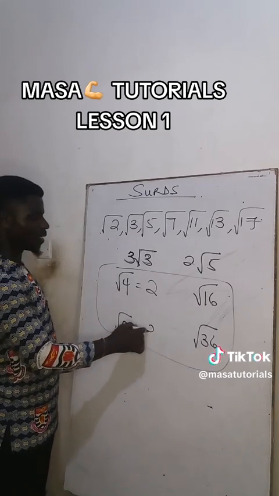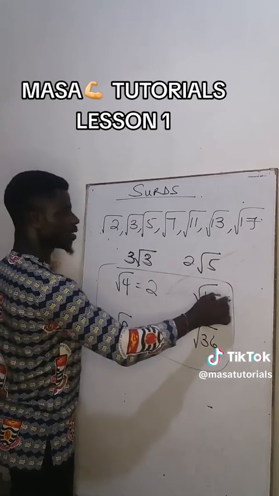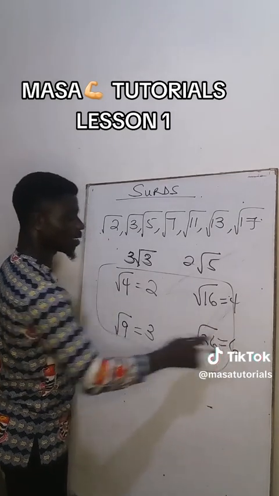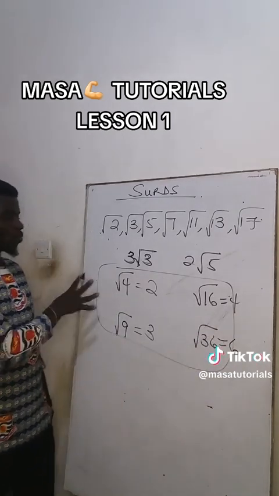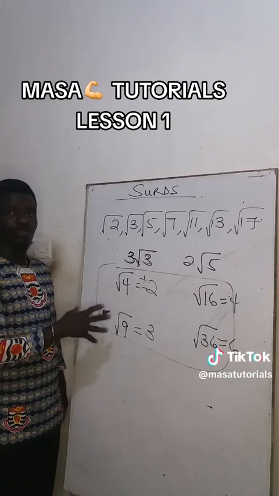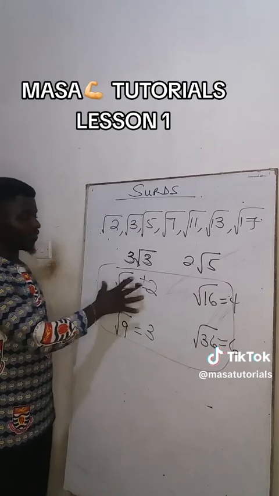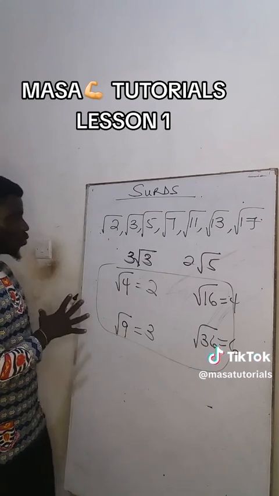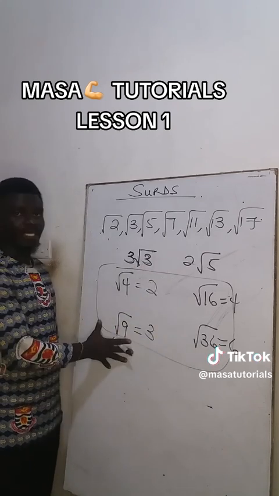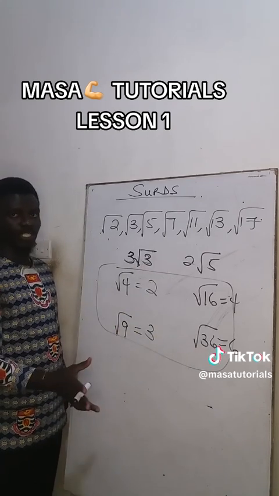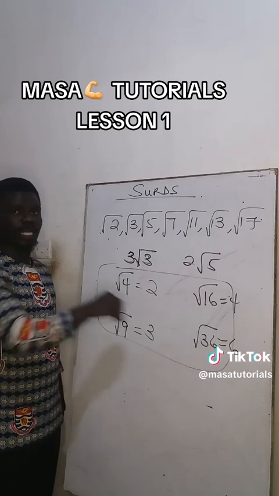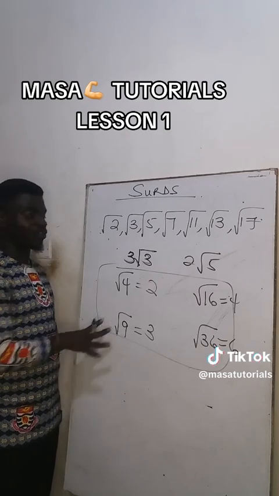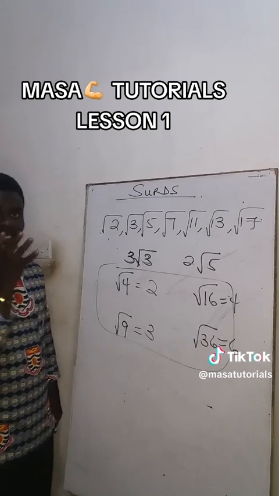Square root of 9 is 3, square root of 16 is 4, then square root of 36 is 6. Square root of 4 will give us plus or minus 2, but let's deal with the positive aspect. So these are rational numbers, not irrational numbers, because they can be reduced to their simplest form.